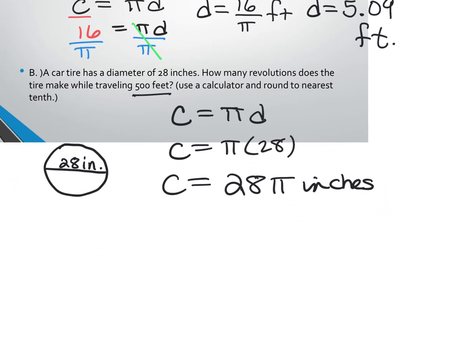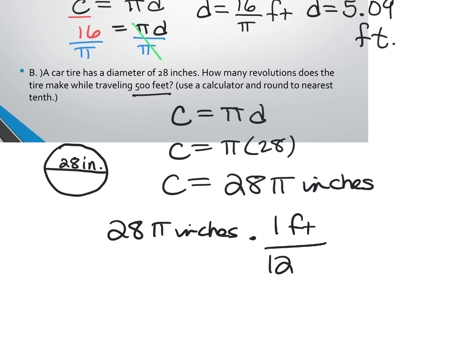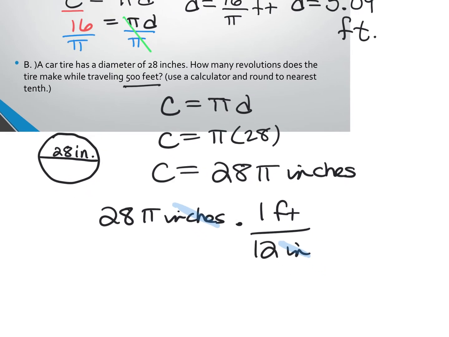I know that there are 12 inches in 1 foot. So I'm going to take this 28 pi inches, and I'm going to multiply it by 1 foot over 12 inches. Notice the inches cancel. And now all I have to do is divide 28 pi by 12, and I'm going to use my pi button.